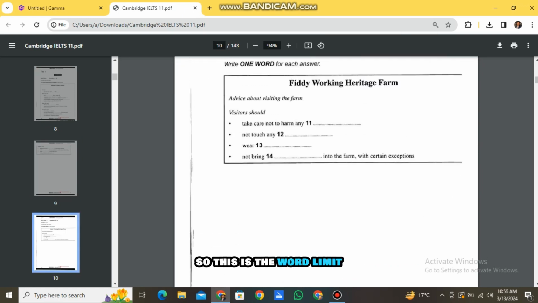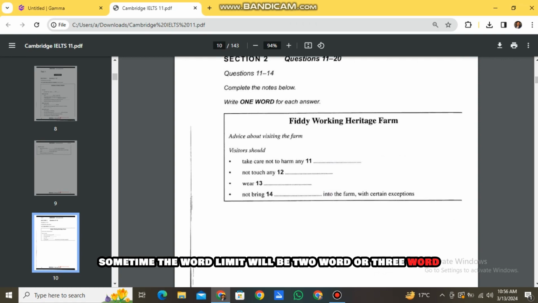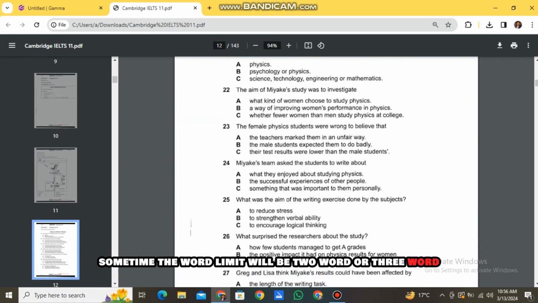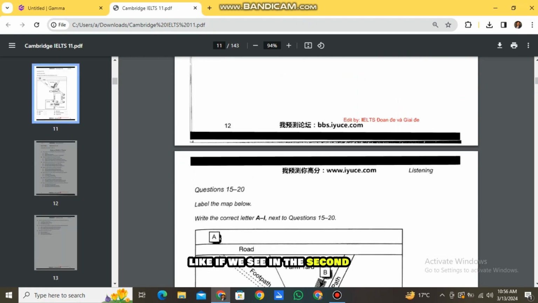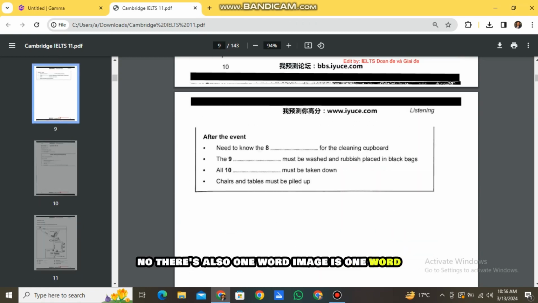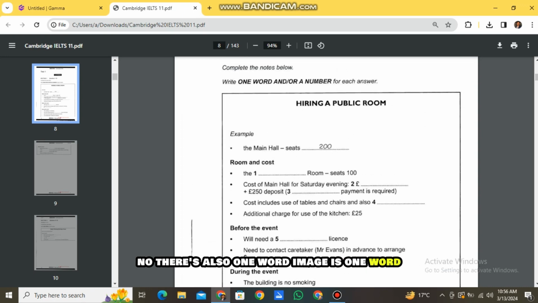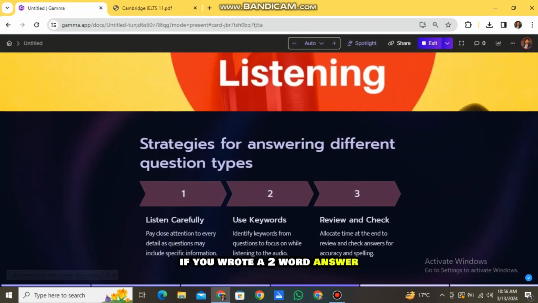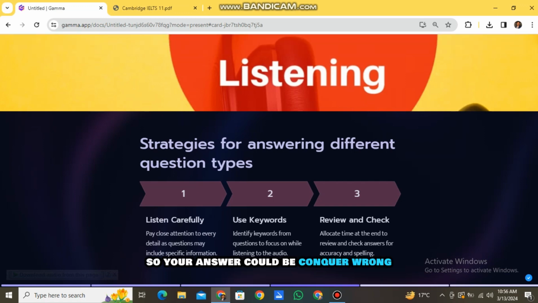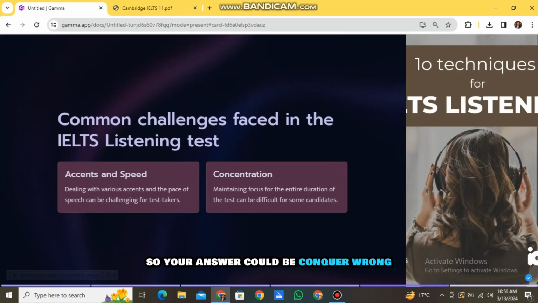So this is the word limit. Sometimes the word limit will be 2 words or 3 words. Like in the second one, there is also a 1 word limit. If you write a 2 word answer, your answer could be counted wrong. So you have to be very careful with this.